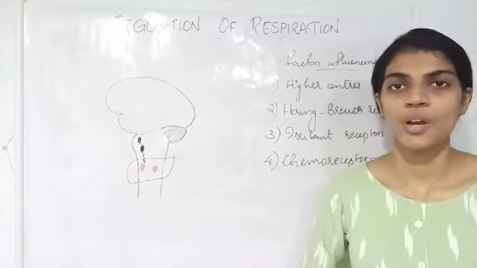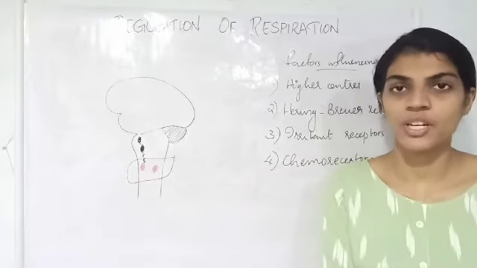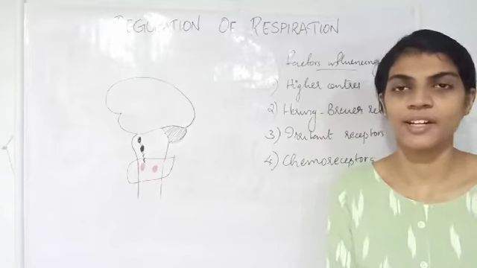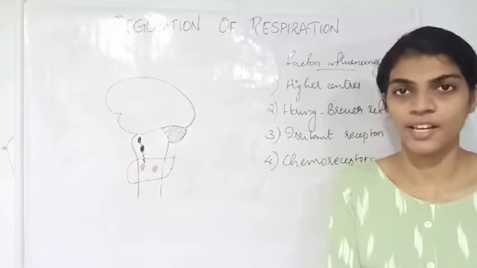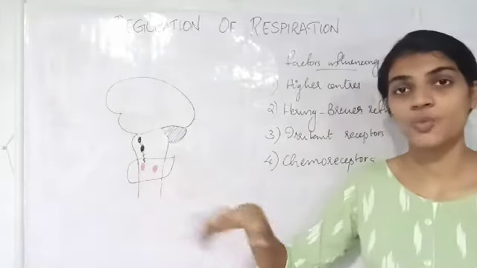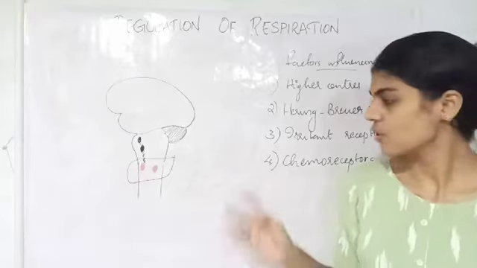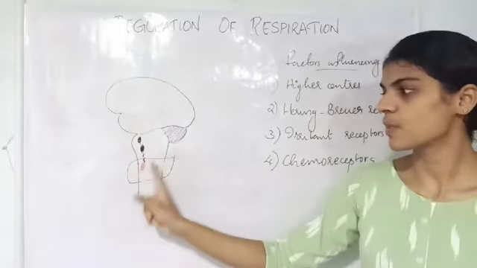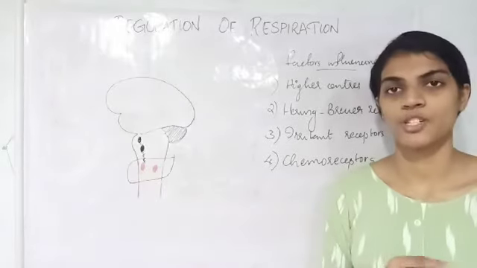So if the chemoreceptor is sensing low oxygen in the blood, what is required? Hyperventilation. If the blood is having low oxygen level, what has to be enhanced? Inspiration has to be enhanced, right? So which part of the respiratory center has to be stimulated? Dorsal respiratory group of neurons.